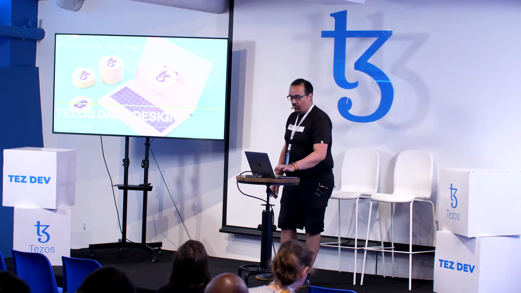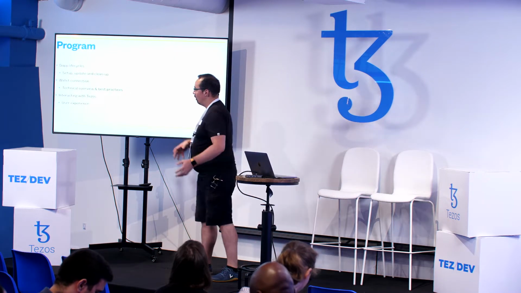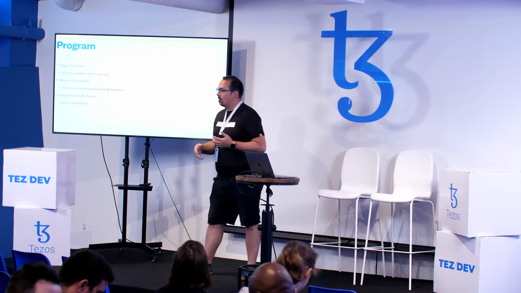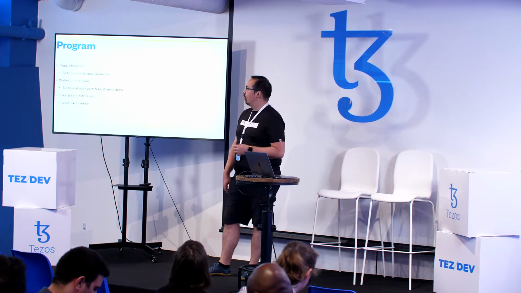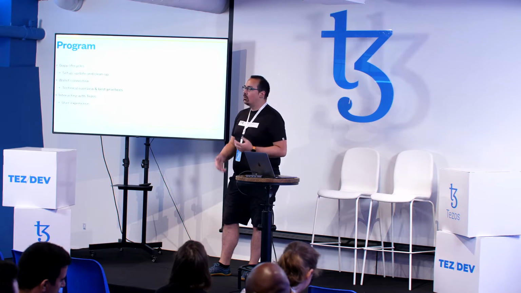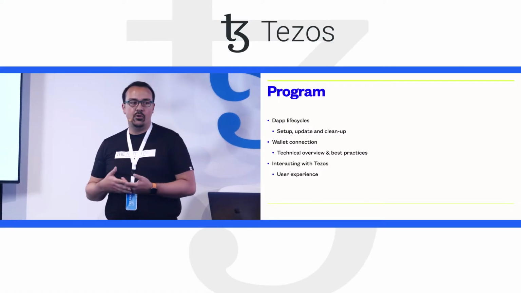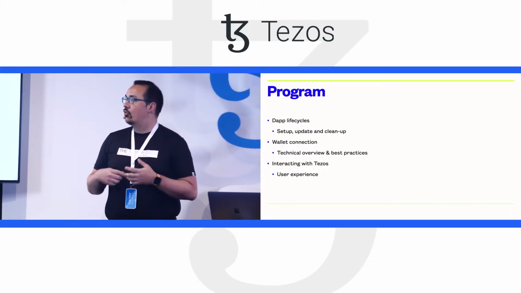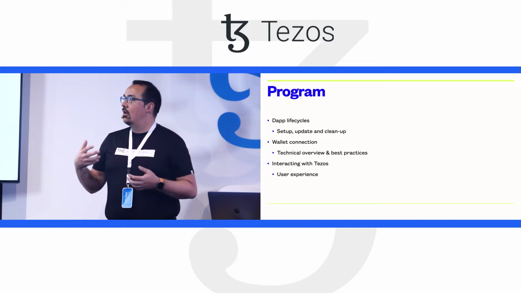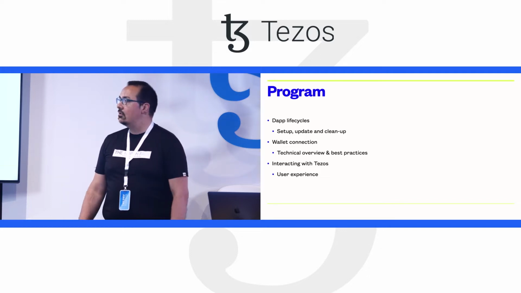So I will show you the program. Okay, it works. There are going to be 3 parts today about the program for dApp design. We're going to talk about the dApp life cycles: the different things that you must do as a developer when you use a framework to create your application, to set up, update, and clean up your application.